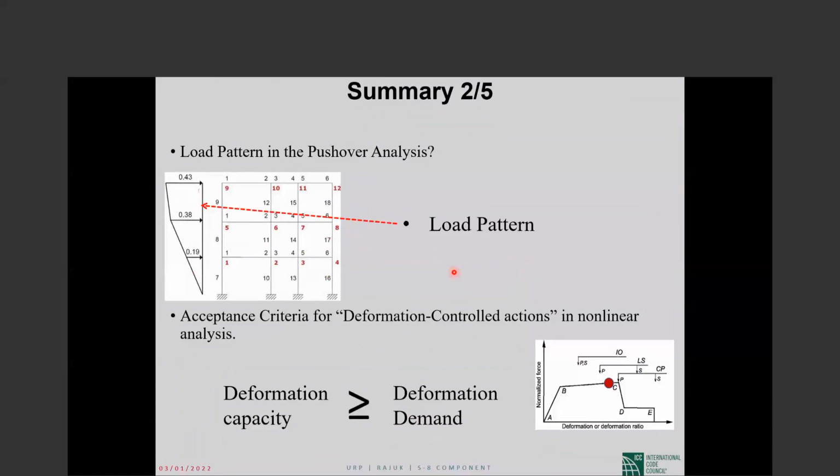That's for deformation control actions. For deformation control actions, what is the acceptance criterion? It is deformation, not force.